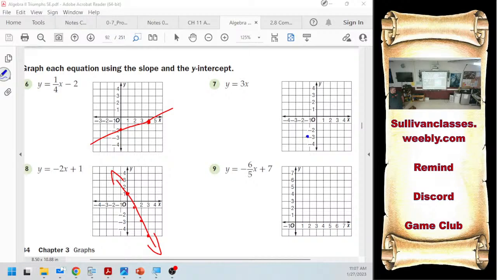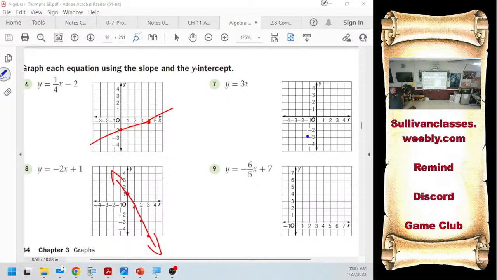No, I had to erase it because the lines keep not lining up, because that third point you had was off.